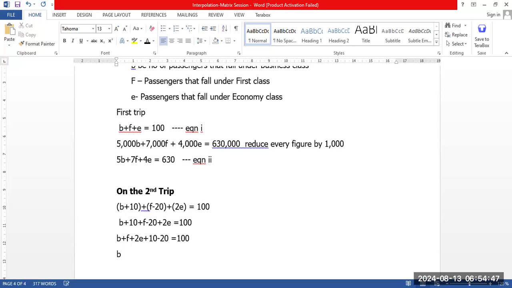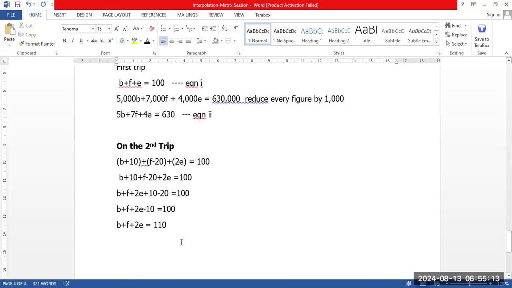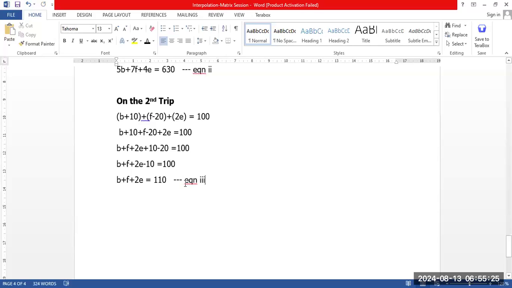So 10 minus 20, you get negative 10, is equal to 100. So finally, I have B plus F plus 2E, which gives me what? This one will go this side and it will be 110. And this is equation 3.